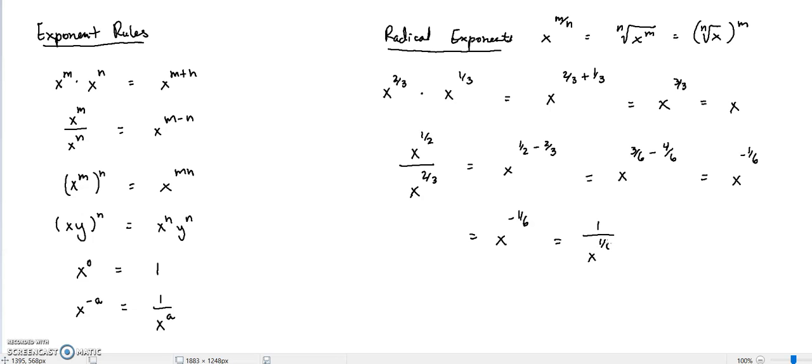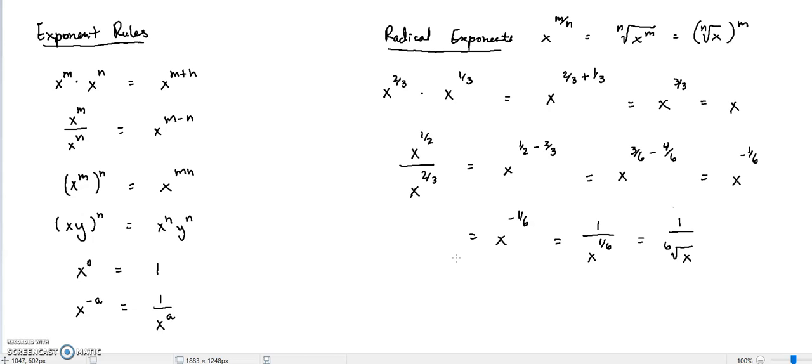We could write this as x to the 1 over 6, or it might say write the answer with no fractional exponents. And this 1 over 6 would be the 6th root of x. So these last three, I would say, are all acceptable answers. I think that iMath AS is going to be looking for this one though. Okay, so all three of these would be decent, but I think it's going to look for this last one.